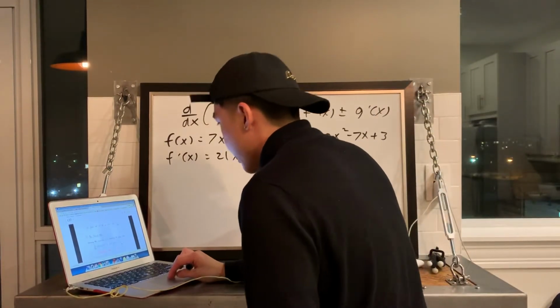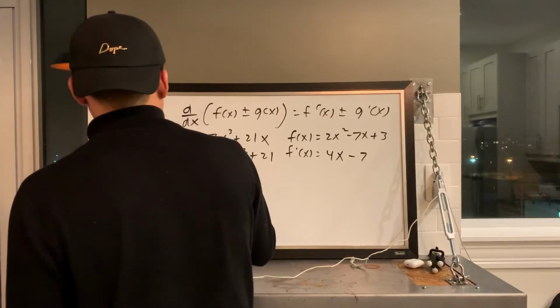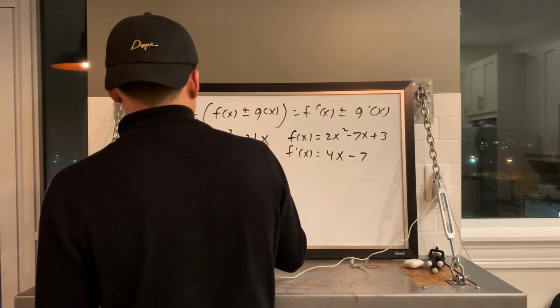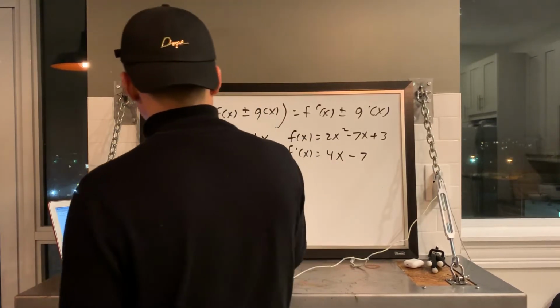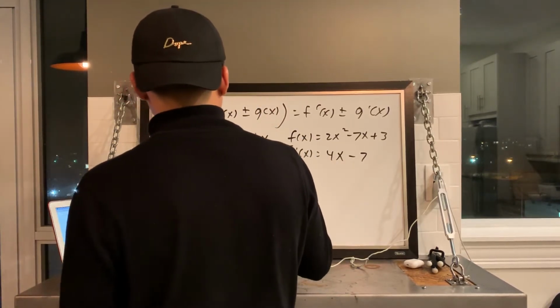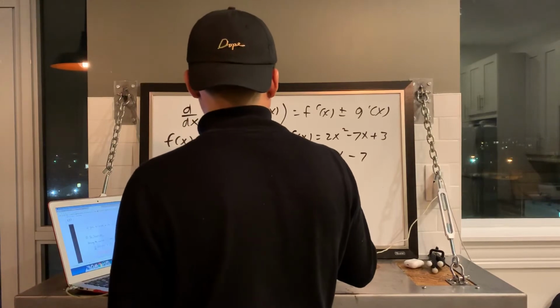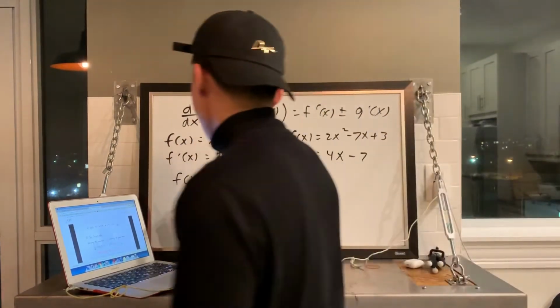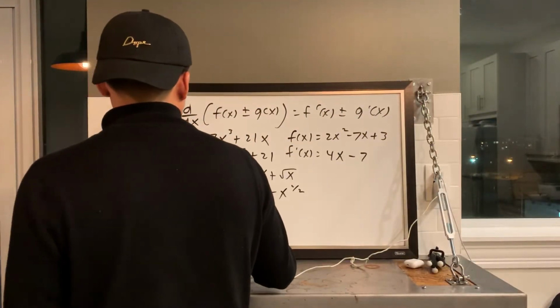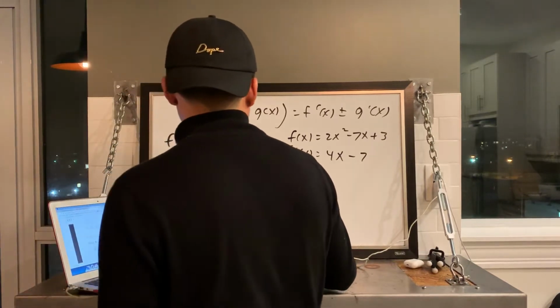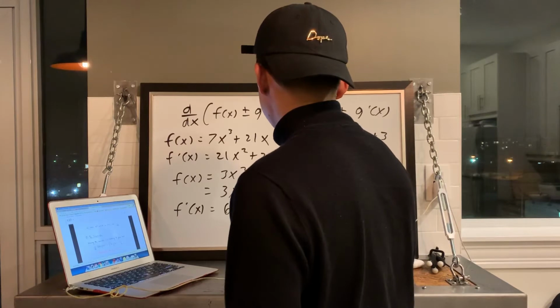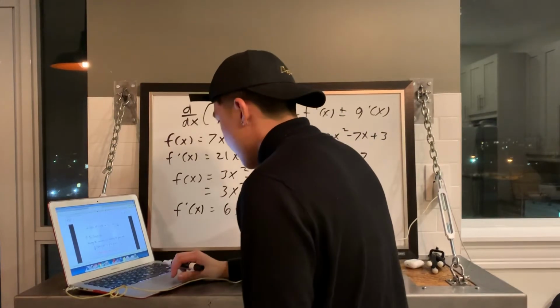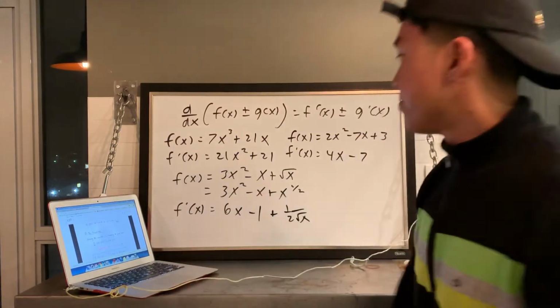So, and then last but not least, if f of x equals 3x squared minus x plus root x, that would also be rewritten as 3x squared minus x plus x to 1/2. But you could write f prime of x, which is 6x minus 1 plus 1/2 root x. Okay.